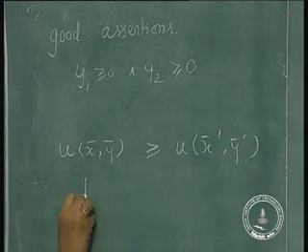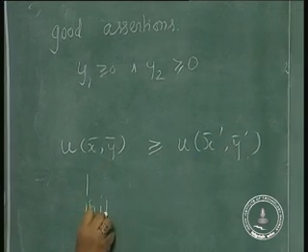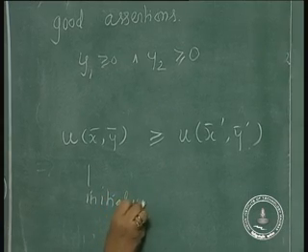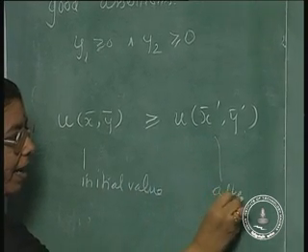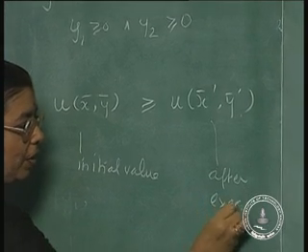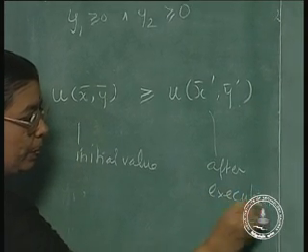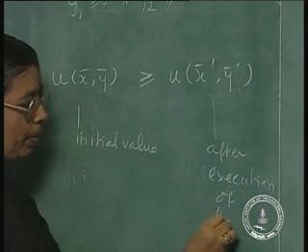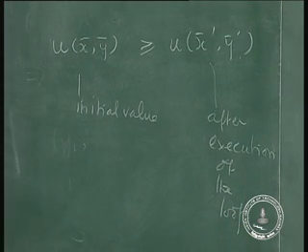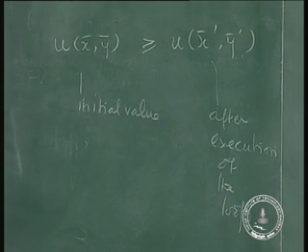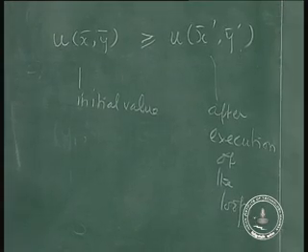This is the initial value, and this is the value after execution of the loop. So, it should keep on decreasing like that.